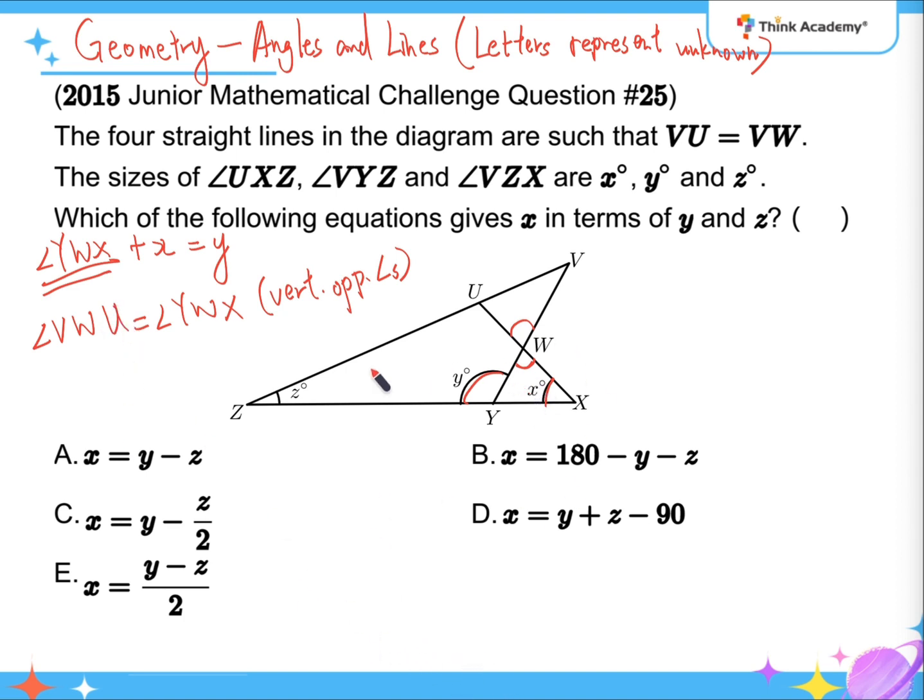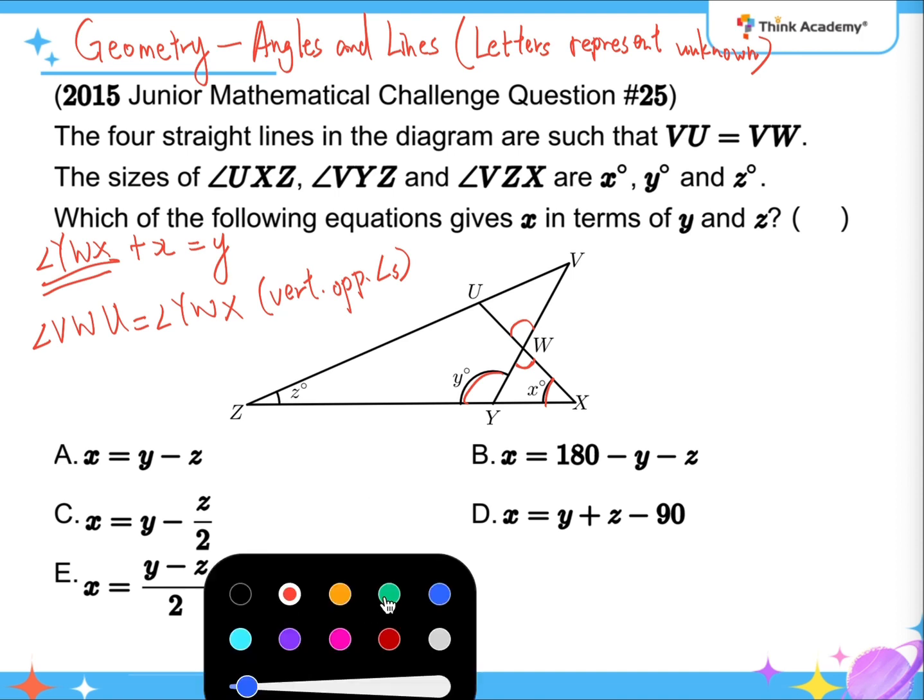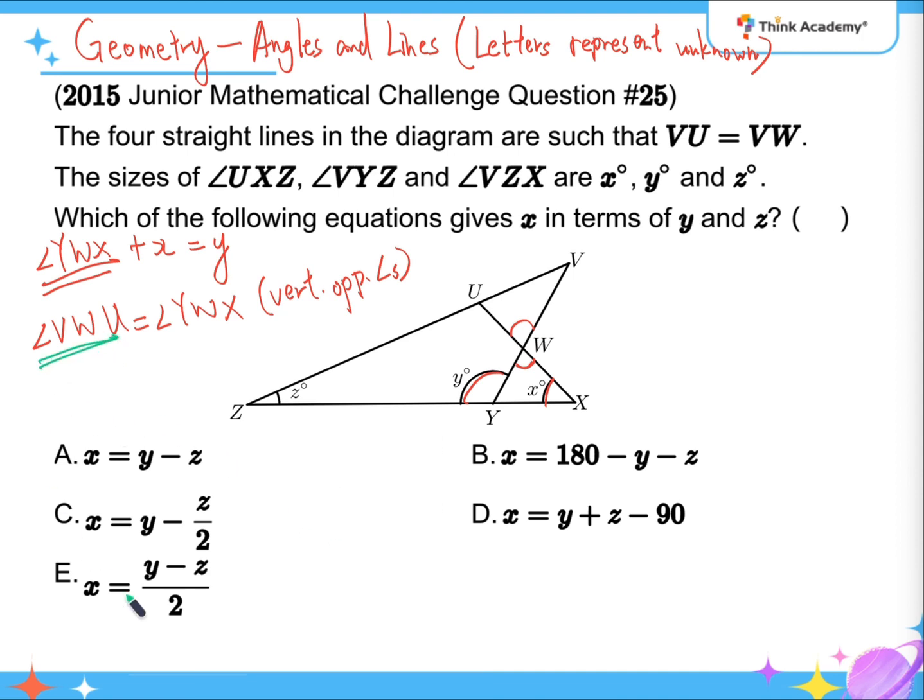Okay, so now the purpose of this question becomes looking for VWU, which is a bit easier for us now, because you can see that VWU is in this isosceles triangle. According to the question, these two edges are the same, right? So if I know the top angle, I will be able to express this base angle as well.